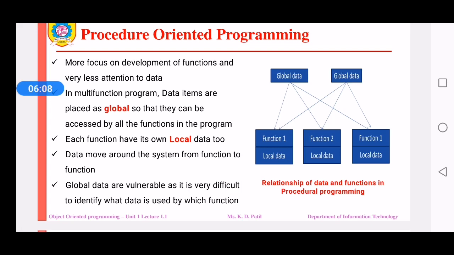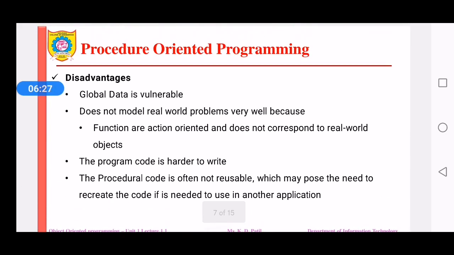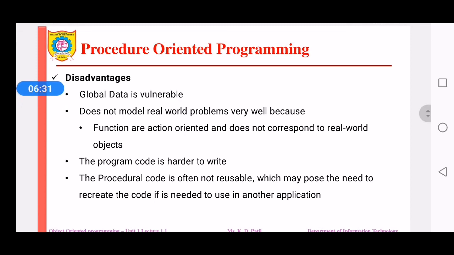The global data are vulnerable, as it is difficult to identify what data is used by which function, since the data items can be placed globally and any function can use that global data at any time. In procedure-oriented programming languages, as I told you, global data is vulnerable.